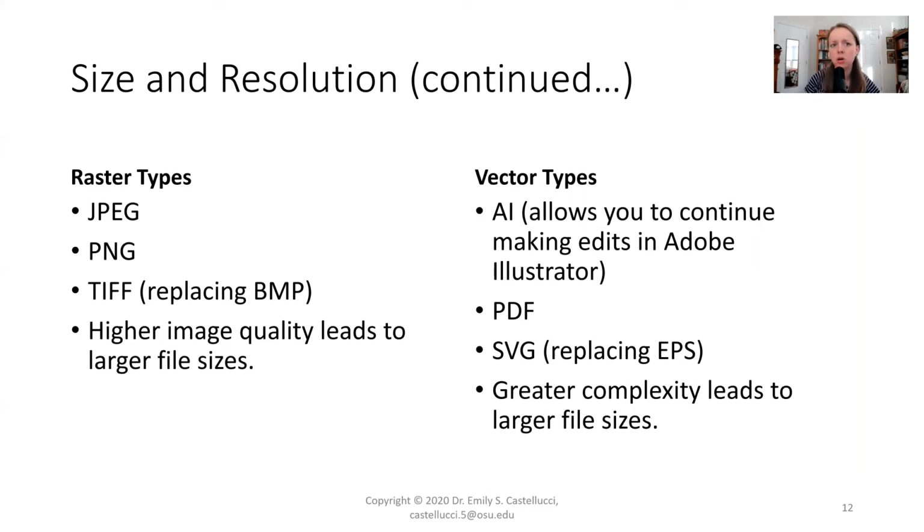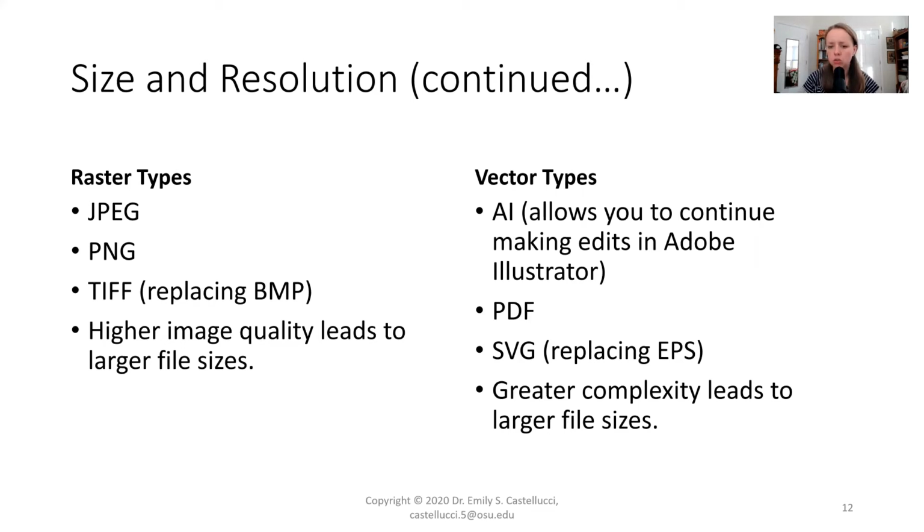And higher image quality is usually a function of how large the output cells are. When the output cells are very small, there's a lot of them, so you get a very high quality image. That takes up a lot of space. If you have a larger output cell size, it's going to take up less space, but then you're going to get less quality. So again, we have the Goldilocks and the Three Bears problem. You want something that's just right, not too large, not too small.